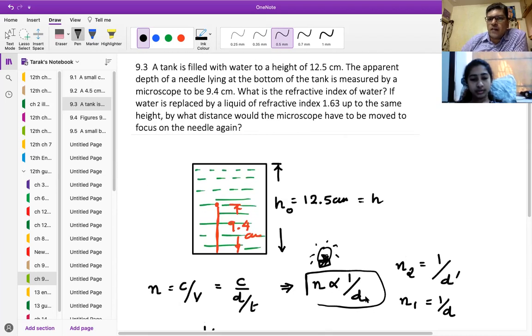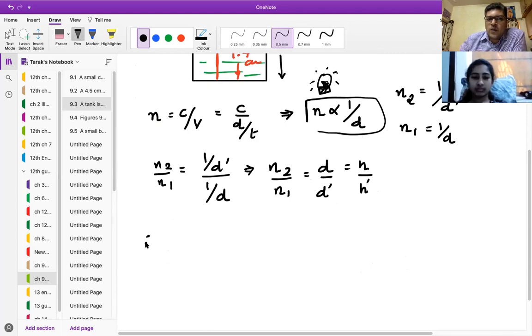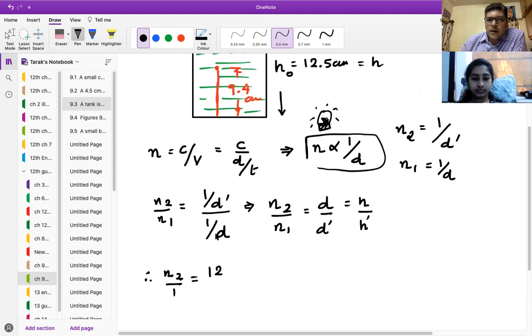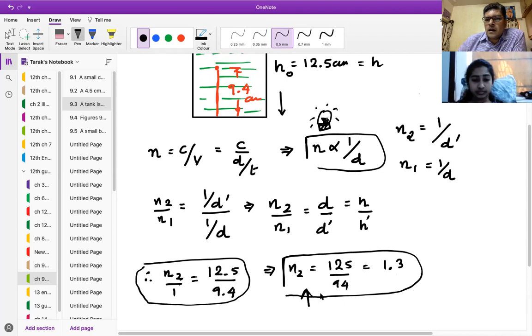We don't have any value for water, so we have to find out n2. n1 is 1. The height of the water is 12.5 divided by 9.4. Dividing 125 by 94, it is around 1.3. So that is the refractive index of water.